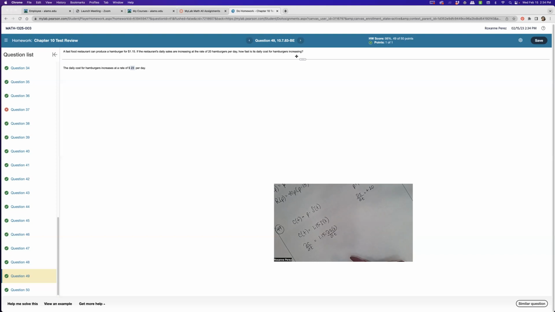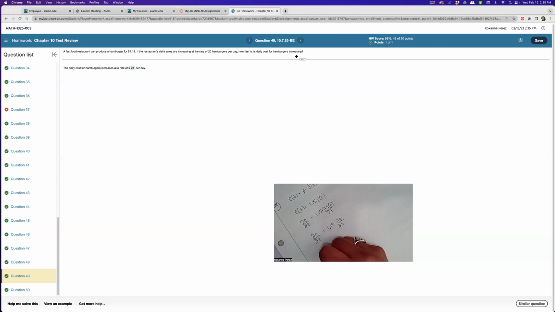Okay, so now I know this piece of information as well, right? So the derivative, I'm going to rewrite this, of C with respect to T equals 1.15 times S prime of T. Okay, so I have both of these pieces of information, the price of the burger and the rate of increase of sales with respect to time. So I can plug both of those in.